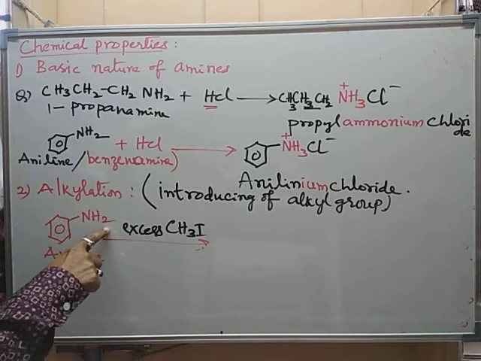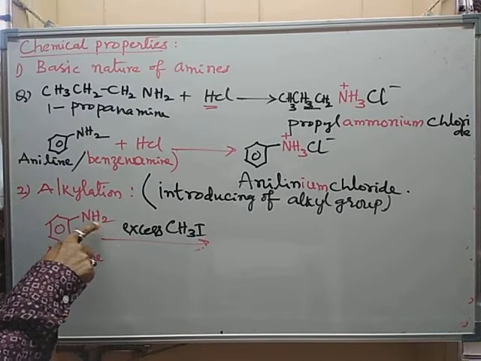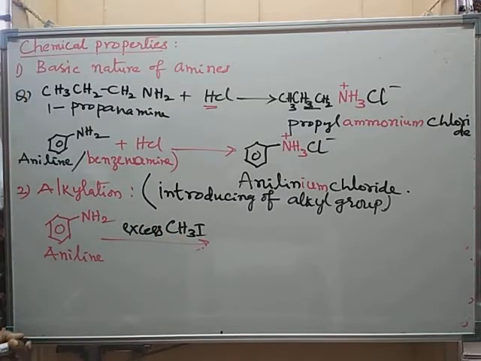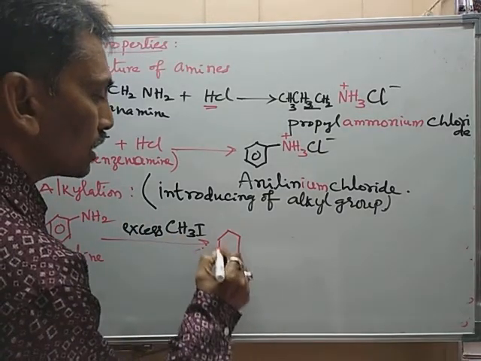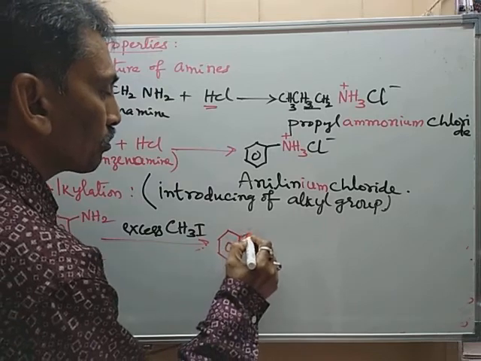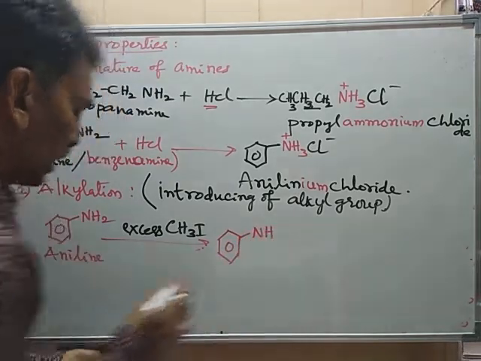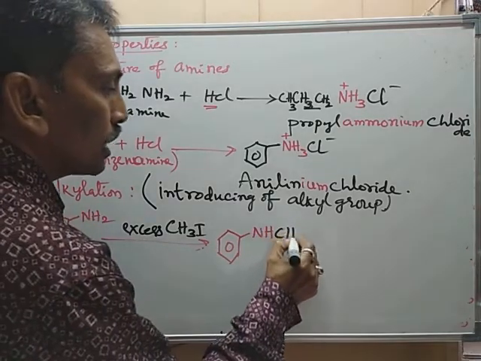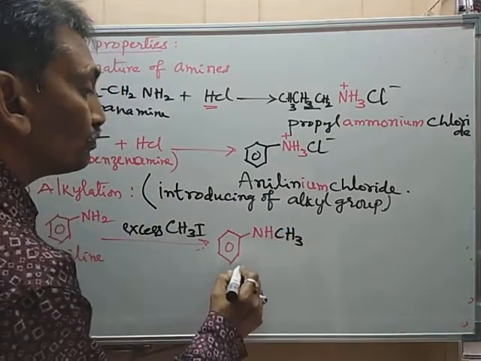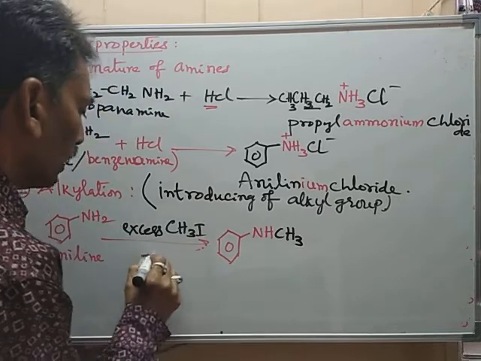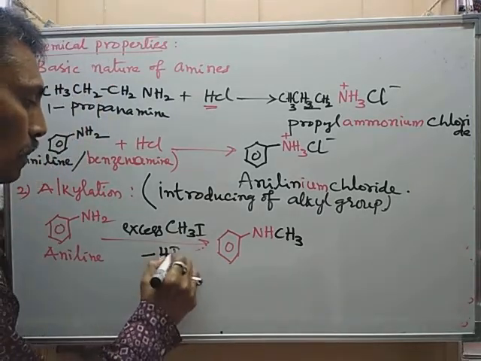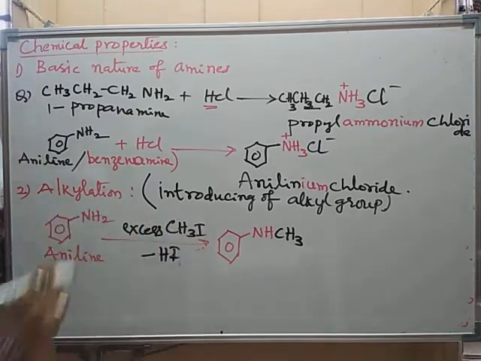This NH2 group's hydrogen atoms are replaced by CH3 groups. The first one is benzene as it is. NH2 becomes NH. In the place of one hydrogen, a CH3 group is introduced by removal of HI from methyl iodide and H from the aniline group.